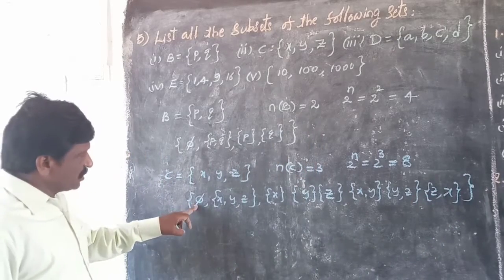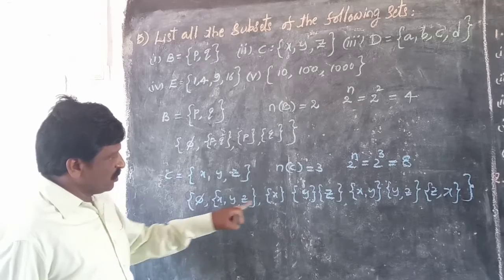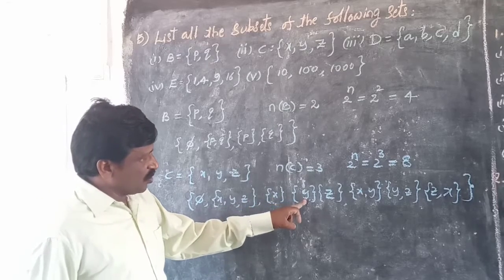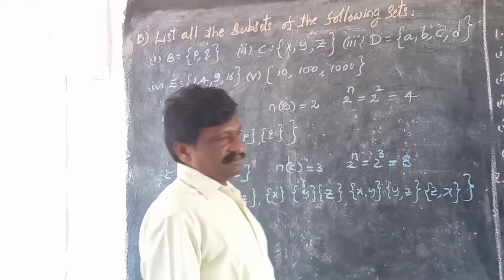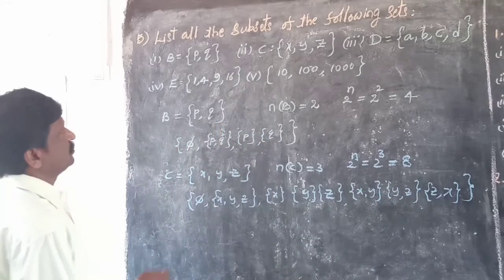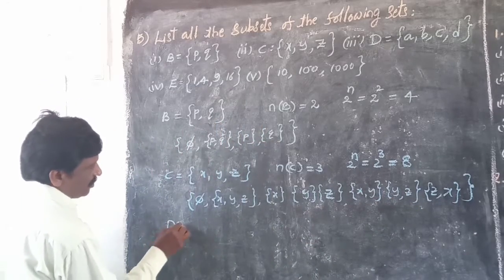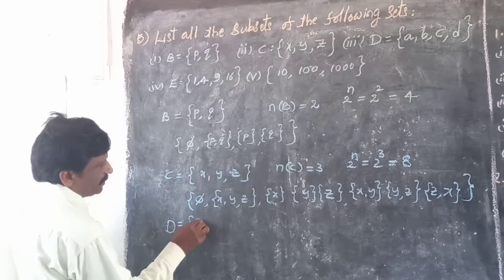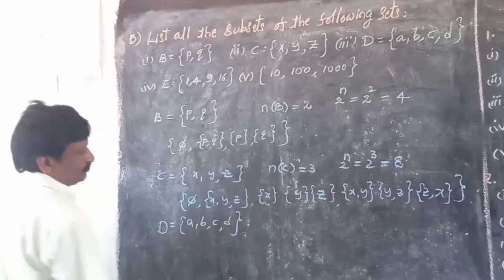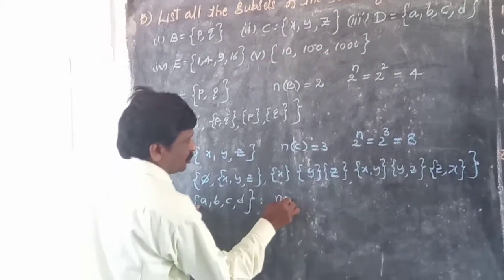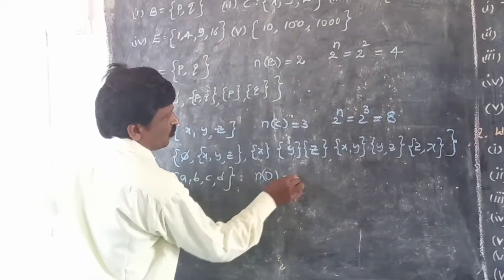Look at 1, 2, 3, 4, 5, 6, 7, 8. Next, D is {A, B, C, D}. The number of elements in D is 4.